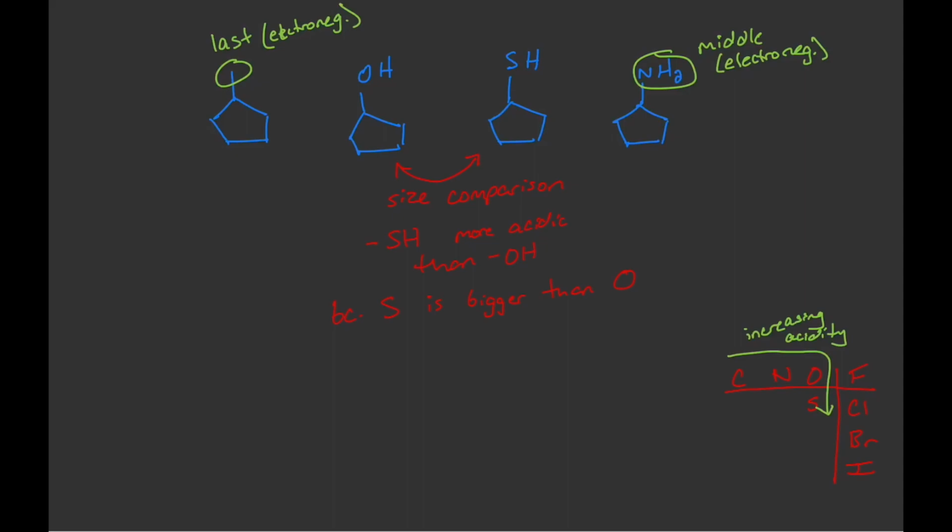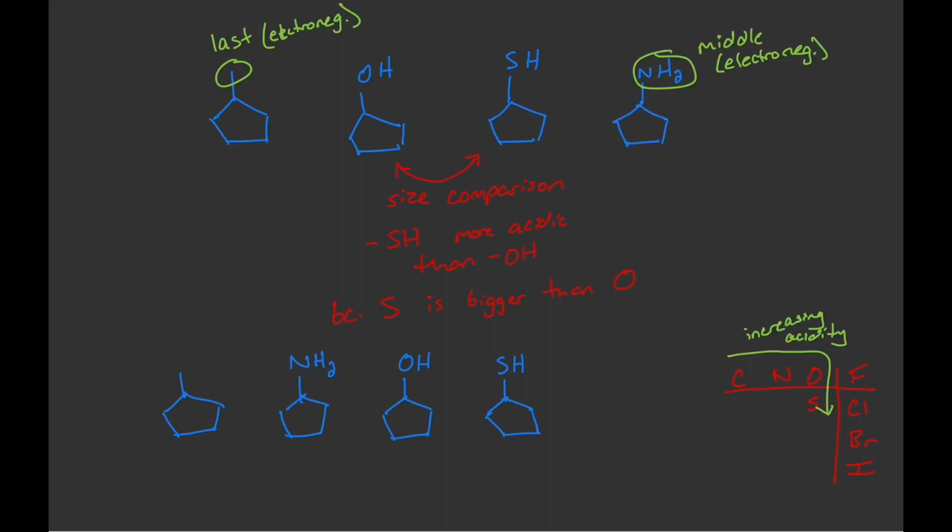So if we were to reorder these from least acidic to most acidic, we would of course have our methyl compound, and then our amine, then our OH, and then our sulfur compound.